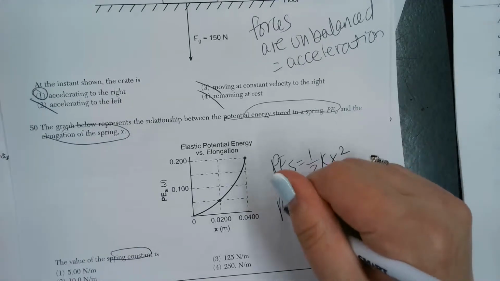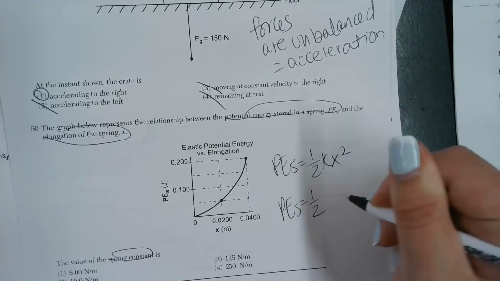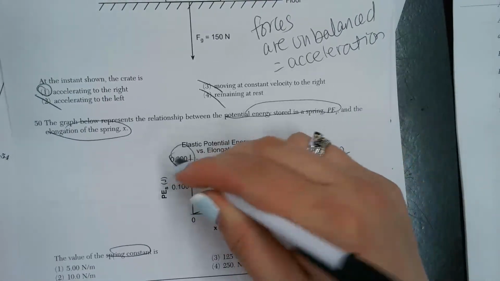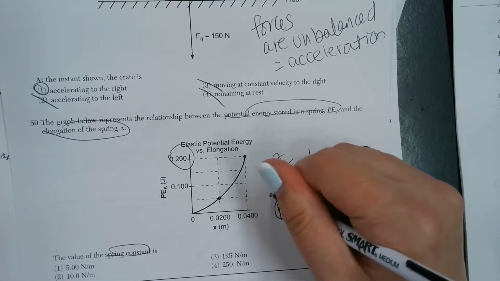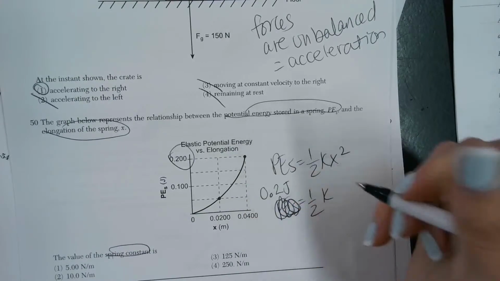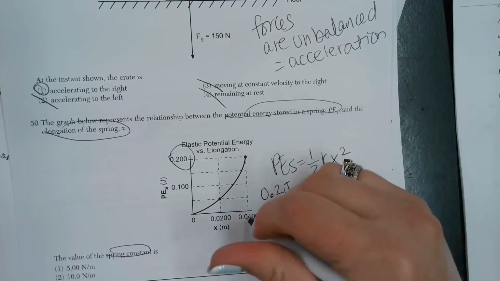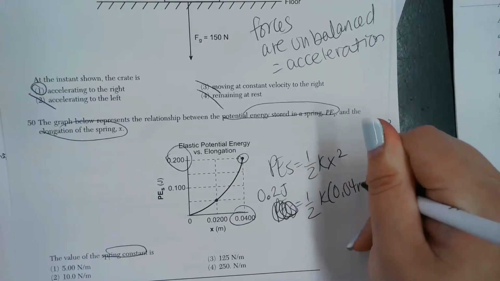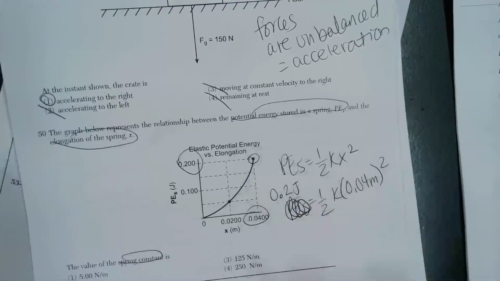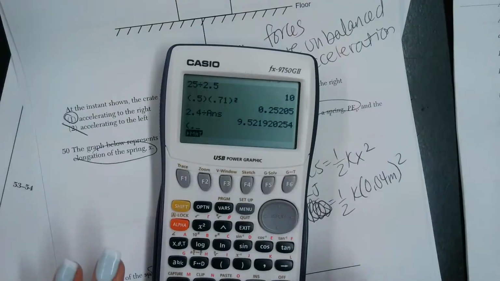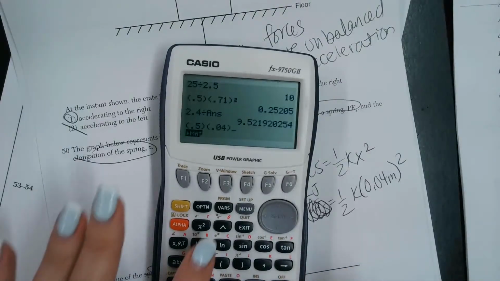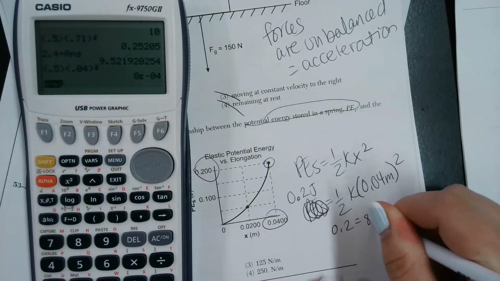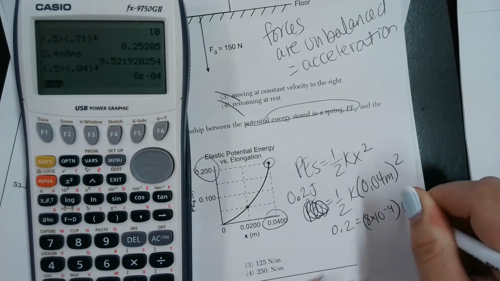So PE_S is 1/2 k, we don't know. I just lied. We're not going to plug in PE_S. I'm going to use this point up here. So we have 0.2 joules equals 1/2 k, and the elongation at this point is 0.04 meters, squared. So I have 0.5 times 0.04 squared, so I have 0.2 equals 8 times 10 to the negative 4 times k.